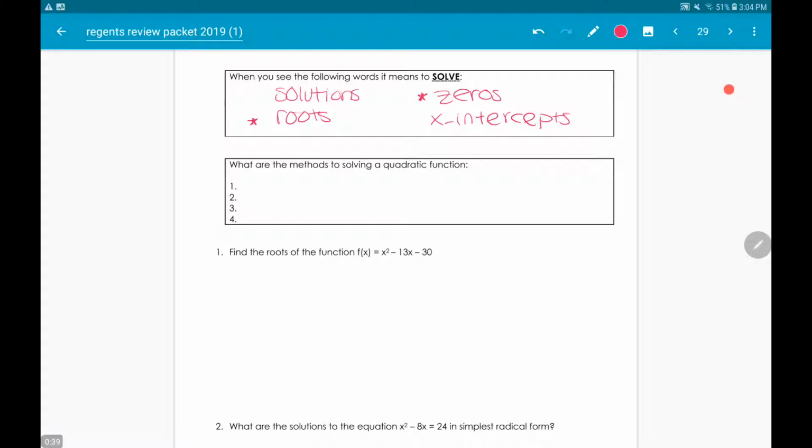Alright, and there are a few methods we learned to do that. Think of our NAW table. So we learn graphically, numerically, meaning a table, and then we learn algebraically, and the two algebraic methods are quadratic formula and factoring, which is the three things we just did in the last video.